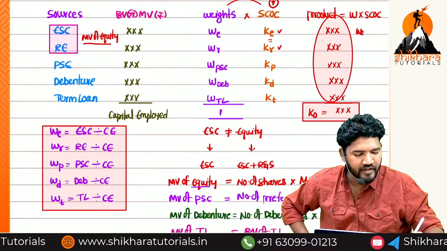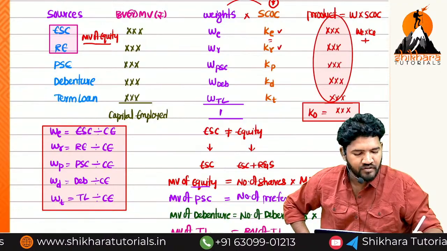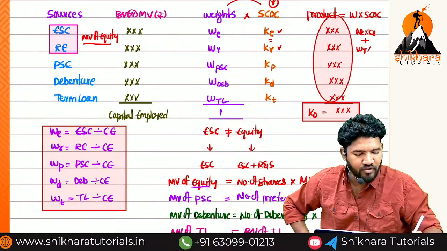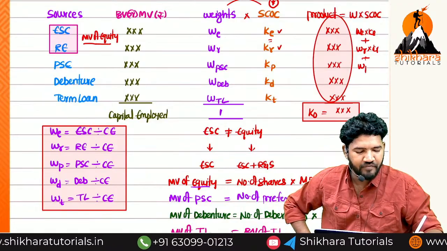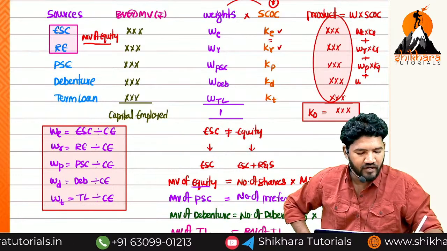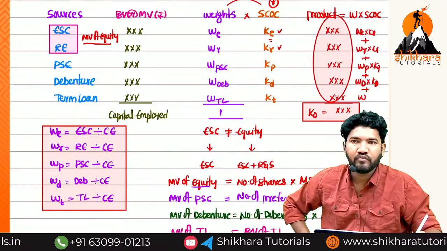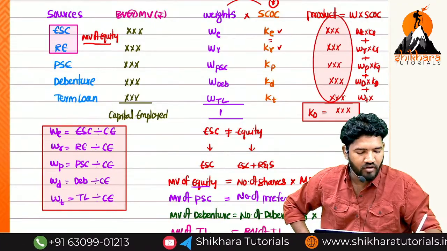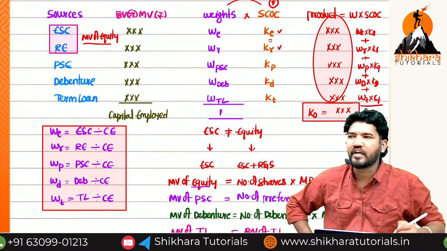Weight of equity into cost of equity, plus weight of retained earnings into cost of retained earnings, plus weight of preference into cost of preference, plus weight of debt into cost of debt, plus weight of term loan into cost of term loan. The sum of all this is known as KO.